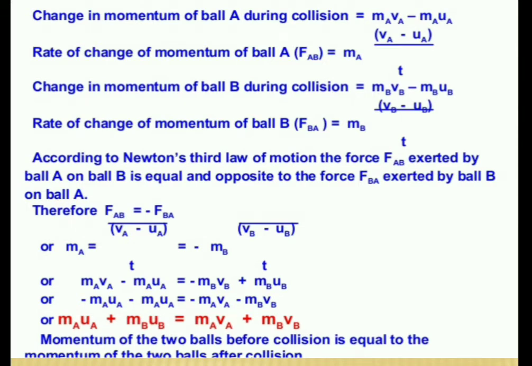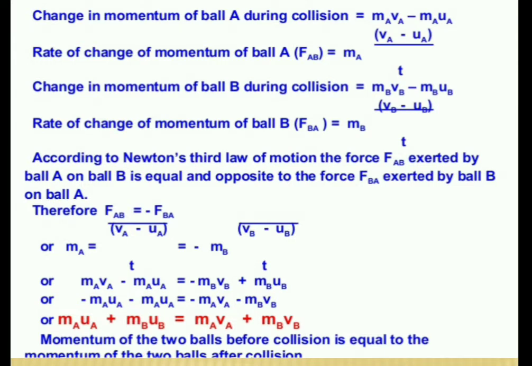Now you can apply Newton's third law of motion after collision. These are equal and opposite momenta we can see in the balls. According to Newton's third law of motion, the force FAB exerted by ball A on ball B is equal and opposite to the force FBA exerted by ball B on ball A. We already know that every action has an equal and opposite reaction.